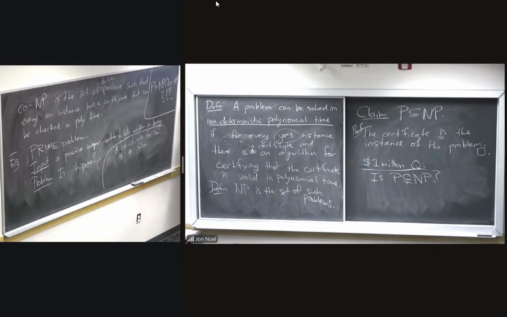Because for the same reason we said for NP, the certificate could just be the whole instance, because you can solve the whole thing in polynomial time. That gives you proof that it's a no instance, just the instance itself. So indeed, P is a subset of this, P is a subset of this. Maybe it's just the intersection of the two. But this is also an unsolved problem. Not sure if they give you $1 million for this, but you'd definitely be famous.